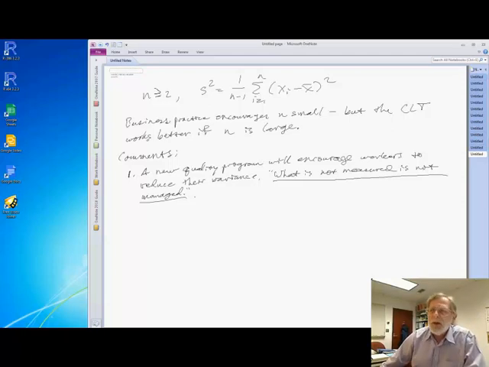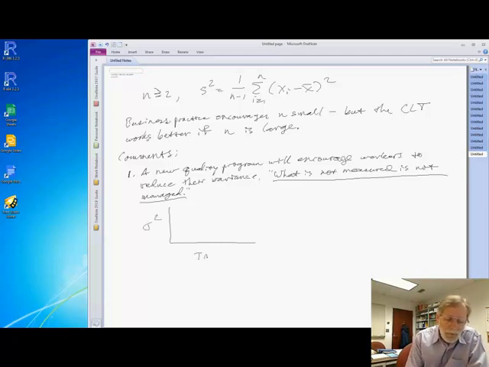So you walk into a company and you say, okay, we're going to do a control chart now on this line. What's going to happen is, if you plot sigma squared over time, and this is the start of the program, you'll see this. And this going down is fear.